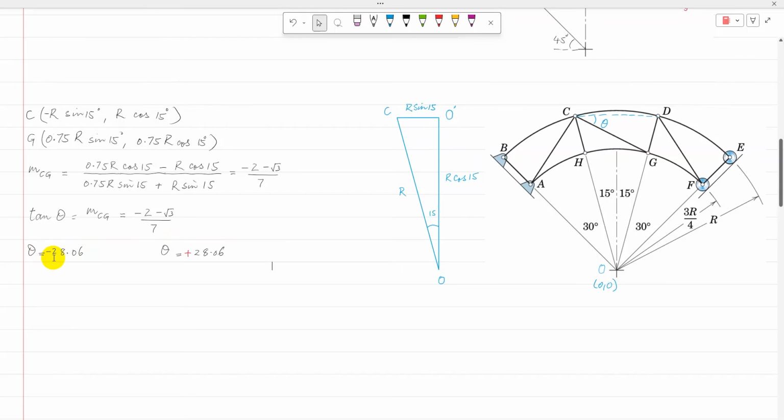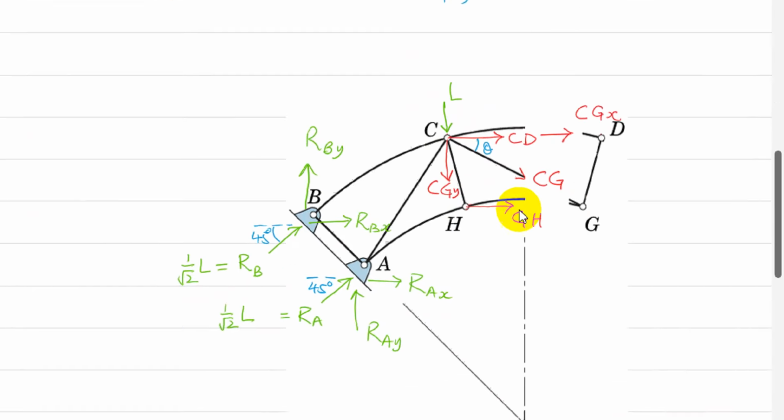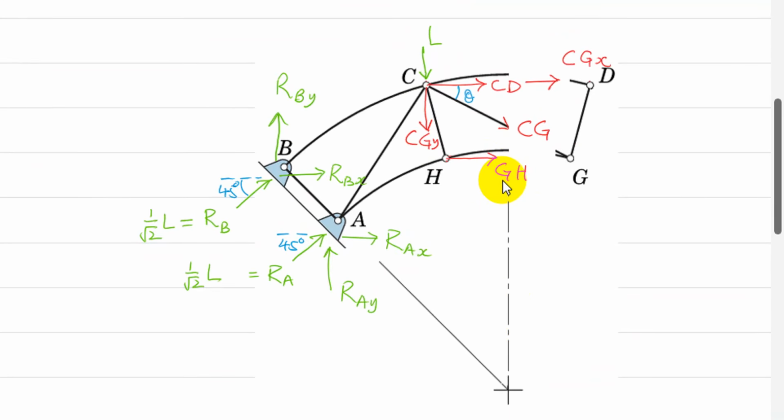Now theta is minus 28.06, and the negative theta represents that this angle is below the x-axis. So ignoring the negative sign, theta is 28.06. After finding theta, it is possible to resolve the inclined member into its components.